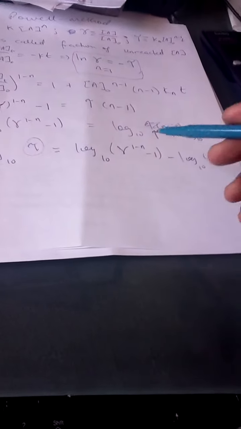So a graph of log tau versus log lambda would give you the Powell curves. And that's the point of that method.